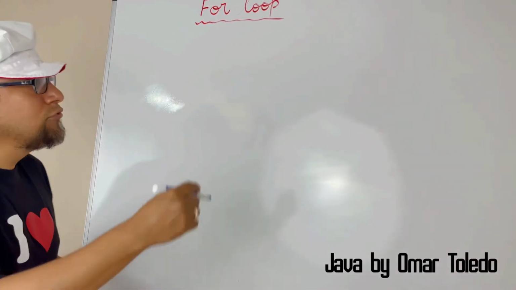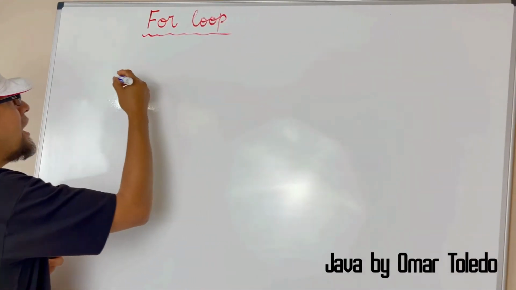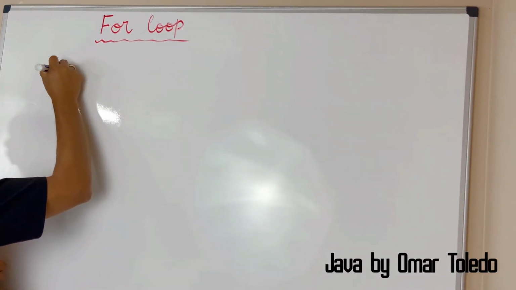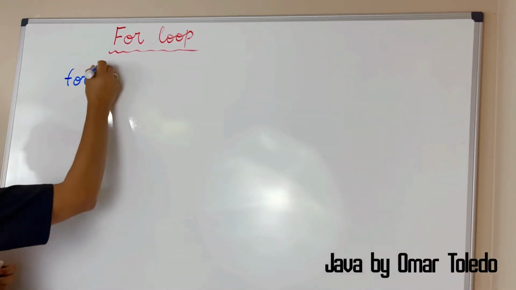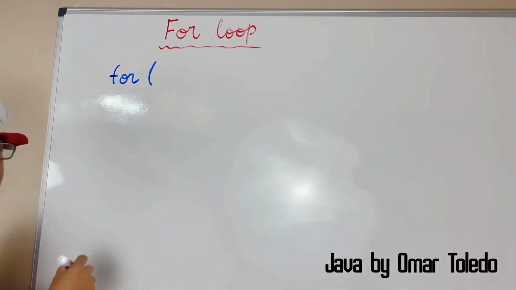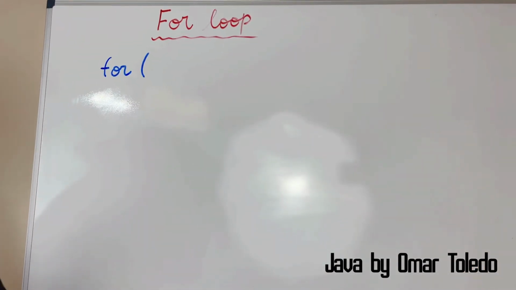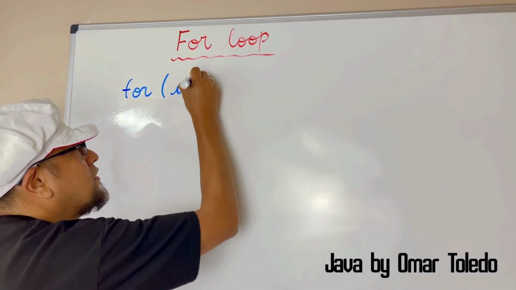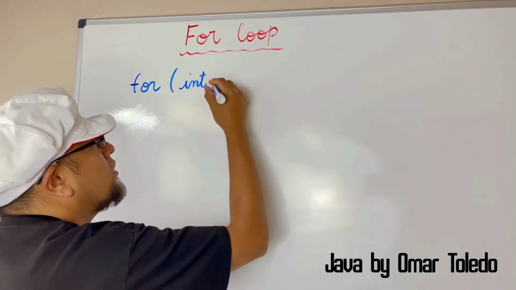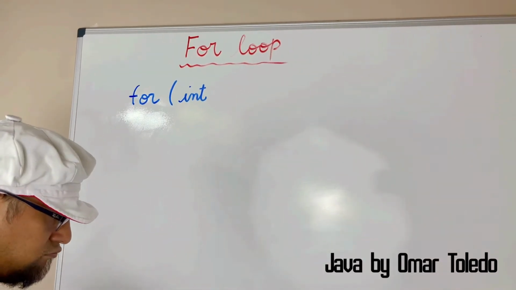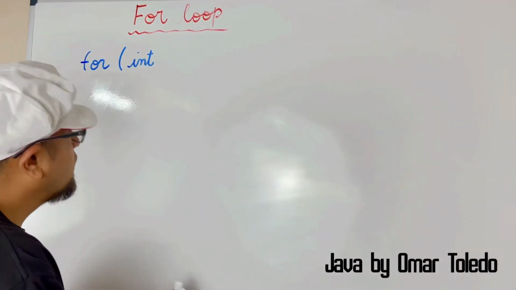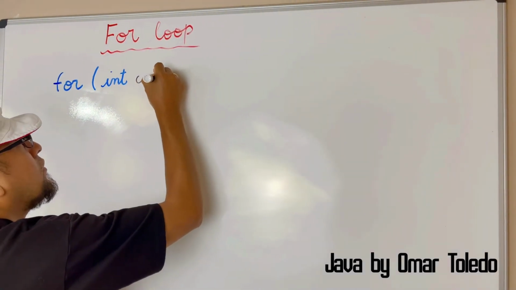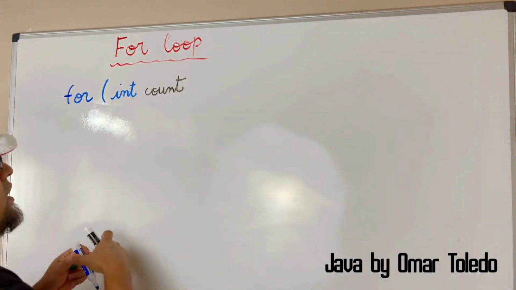So how do you have to write the for loop? You have to start with the word for, then open parentheses. And then here use a variable, for example int count.